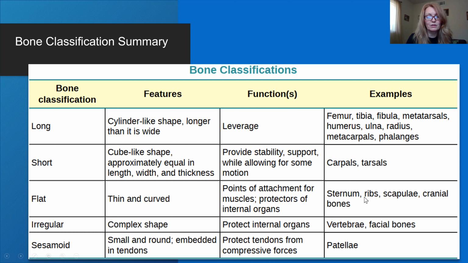Flat bones: sternum, ribs. The ribs may be a little confusing, because you're thinking, is it flat or is it long? So ribs are in the category of flat bones. Scapula, cranial bones, that makes sense. Scapula is flat, cranial bones are flat. Irregular: vertebrae, some facial bones. And sesamoid we already mentioned, patella.